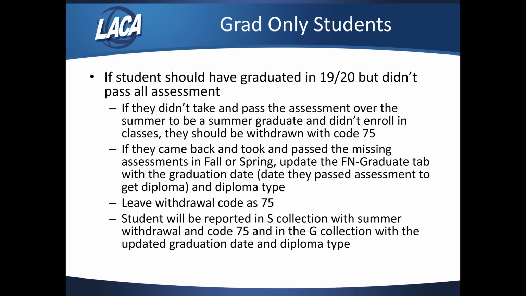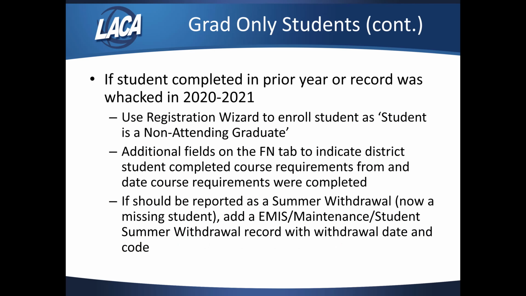If they graduated or completed in a previous year and they're not in this school year, then you would use the registration wizard to enroll the student as a non-attending graduate. There's additional fields on the FN tab to indicate the district IRN and year completed of when they completed graduation or course requirements.